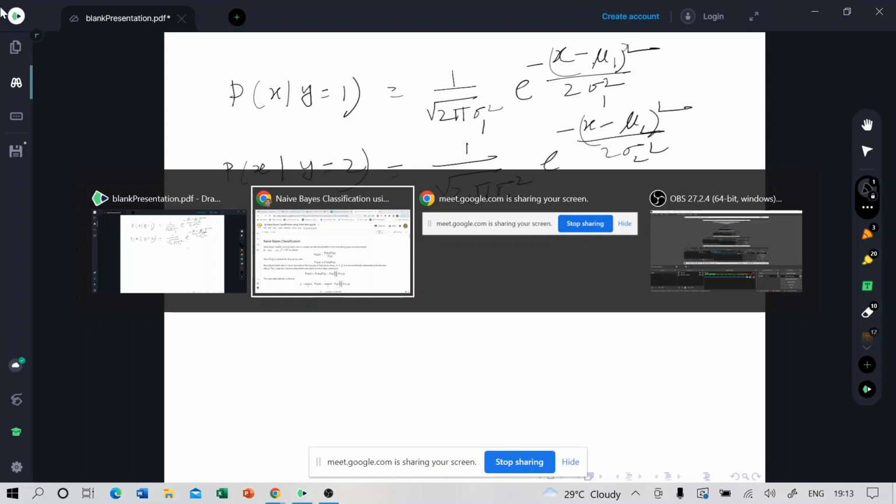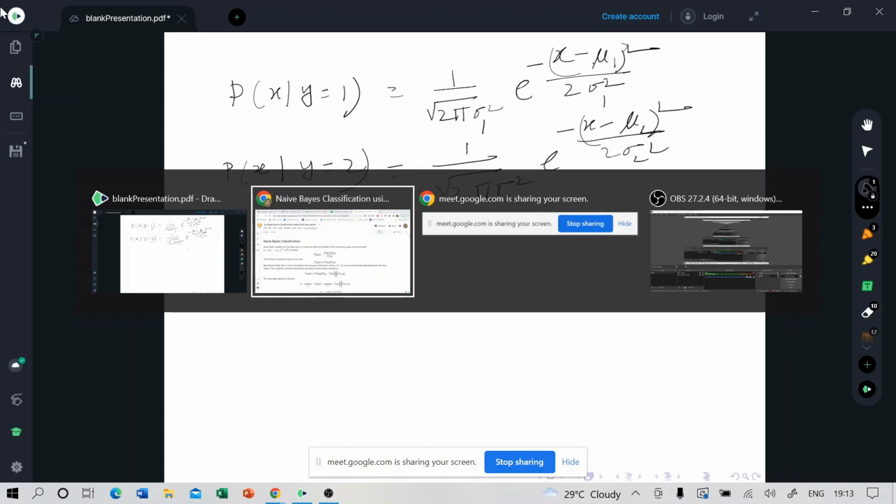In that case it will be e to the power minus half of (x minus mu 1) transpose sigma 1 inverse (x minus mu 2), something like that.